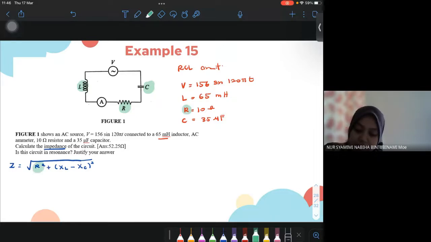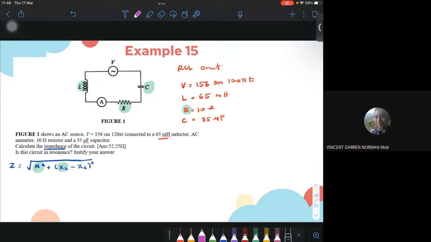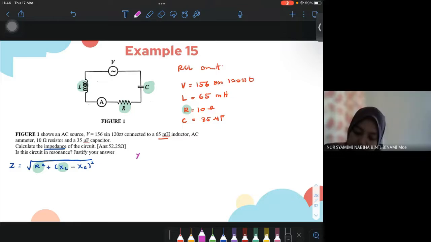Do we have XL? No, but we can calculate it. XL is equals to 2 pi FL. So kita ada 2 pi, but we don't have frequency here. Kita tiada frequency.